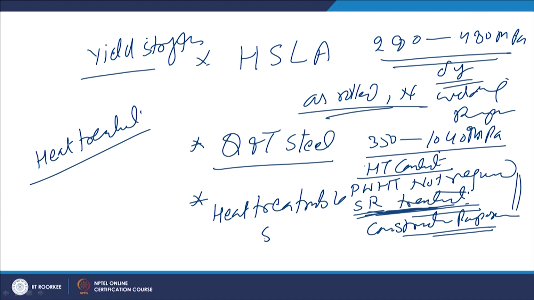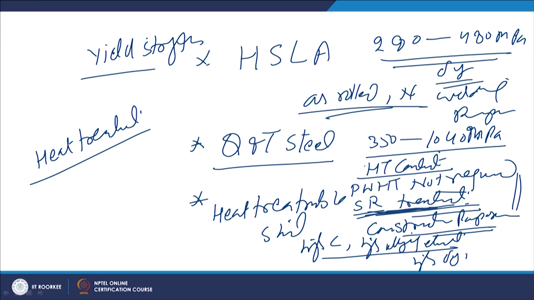Heat treatable steels have a higher carbon content than the HSLA and QNT steels, and higher concentrations of alloying elements. So, these respond very well to heat treatment. Of course, they offer high strength and high hardness, but this happens at the cost of reduction in percentage elongation and toughness.